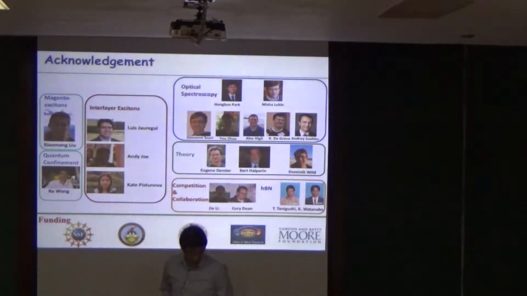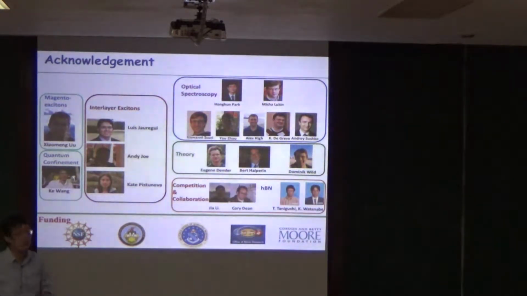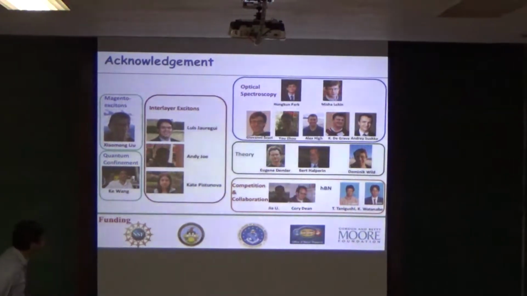And finally, in terms of the magnetic excitons, there are our competitors and collaborators as well. The group of Cory Dean and Jim Hone at Columbia was quite responsible. And then, as usual in the 2D community, boron nitride is a very important ingredient of materials. It was provided by Taniguchi and Watanabe at NIMS in Japan.